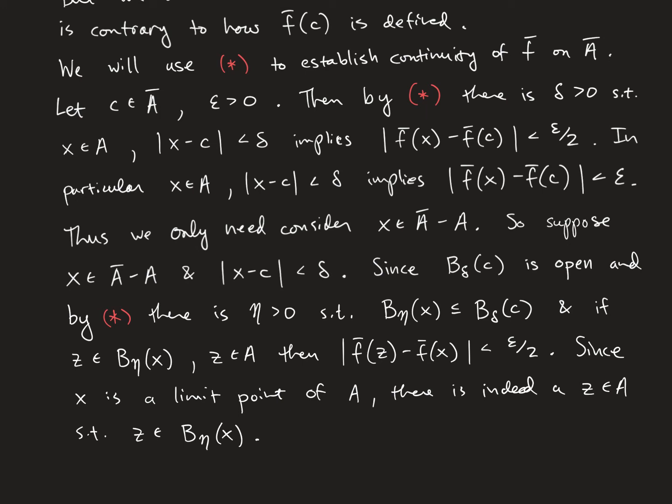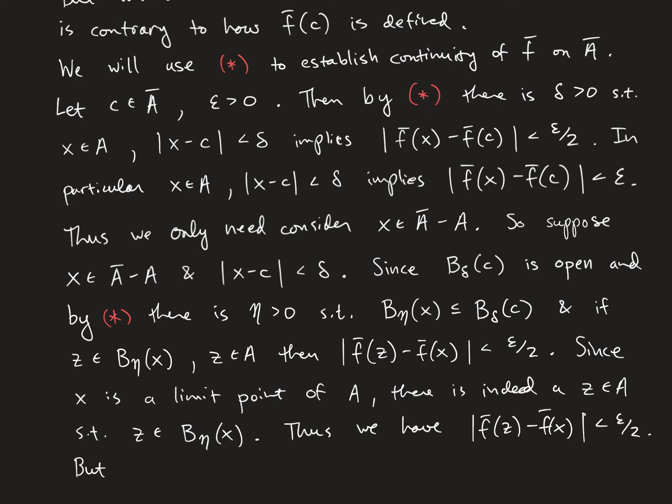So in particular, thus we have that the distance between f bar of z and f bar of x is less than epsilon over 2.